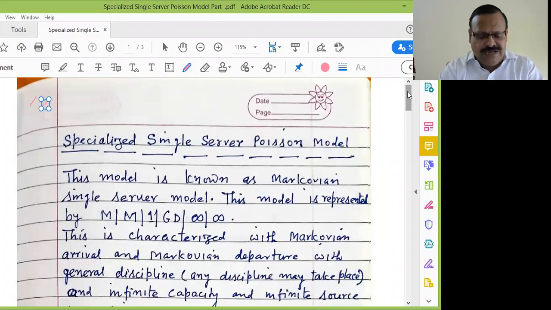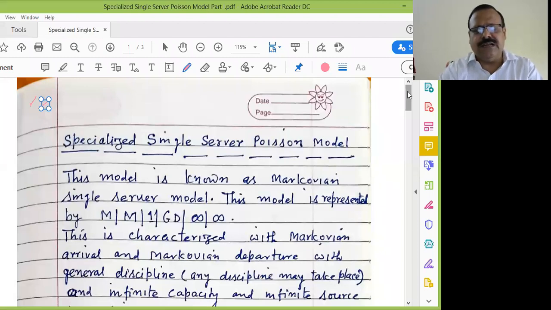In the meantime, we also discussed the representation and characterization, the notation model of Kendall for representing the queue model. That popular model was A/B/C/D/E/F.